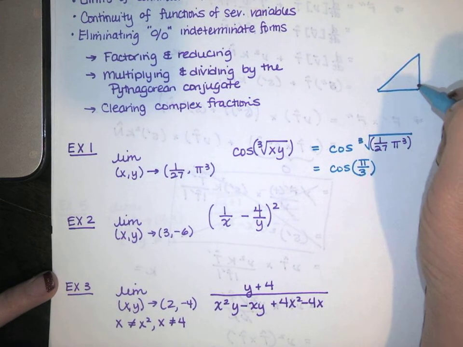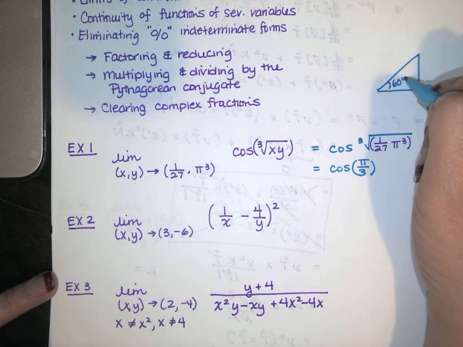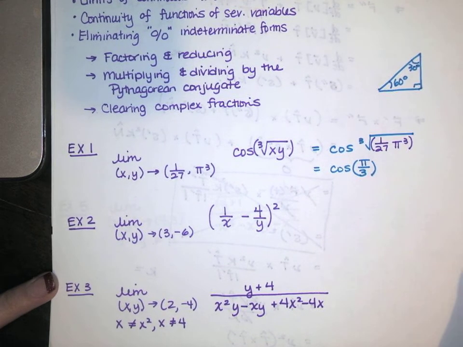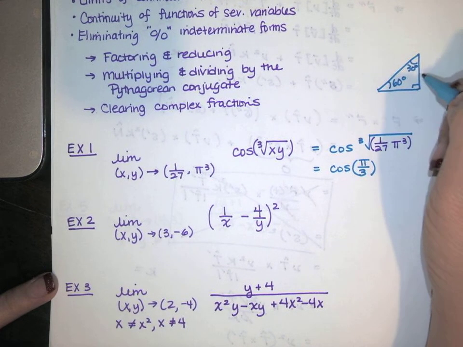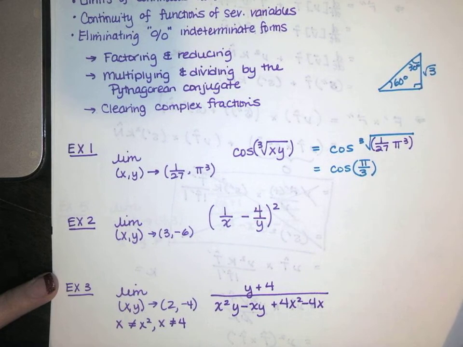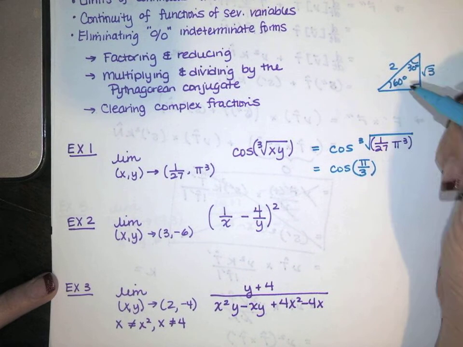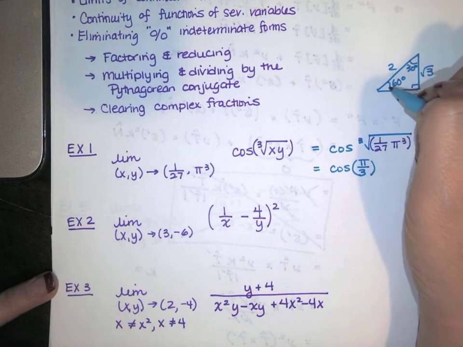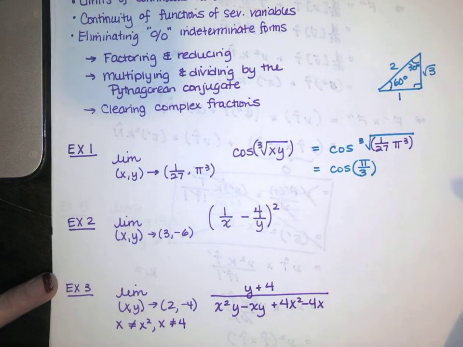If you don't remember, it's probably been a little while. We've got a 30-60-90 triangle right here. Opposite the 60 is a square root of 3. Opposite the hypotenuse is a 2. Opposite the 30 is a 1. That's from trig, and all of that is derived in trigonometry.